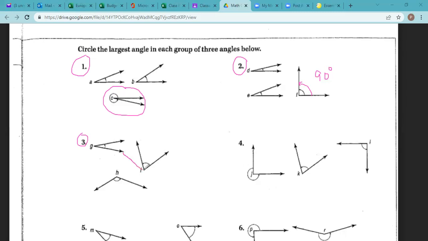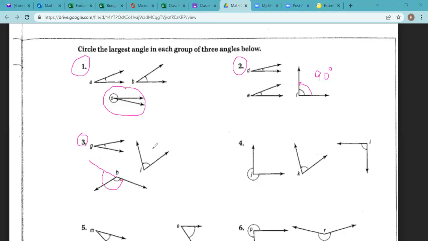If you was to go like this, that would be about 90 degrees right there, right? So we know it's probably about a 50 to 60-degree angle, right? Okay, so if you look at the other one though, H looks much larger. And if you was to stretch this leg or side out, this would be 180 degrees.